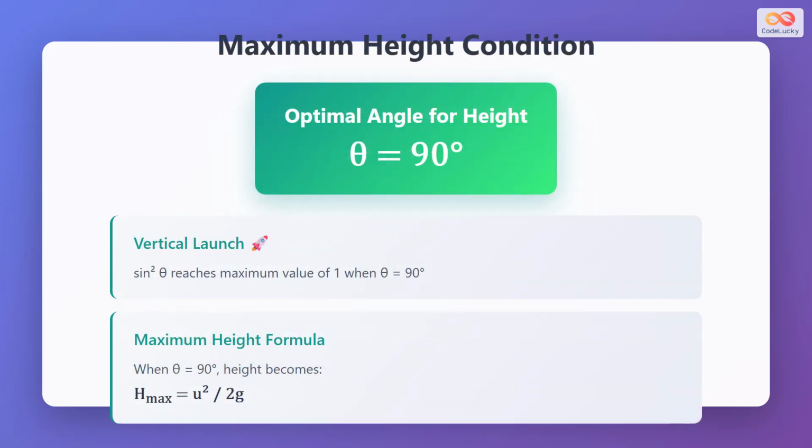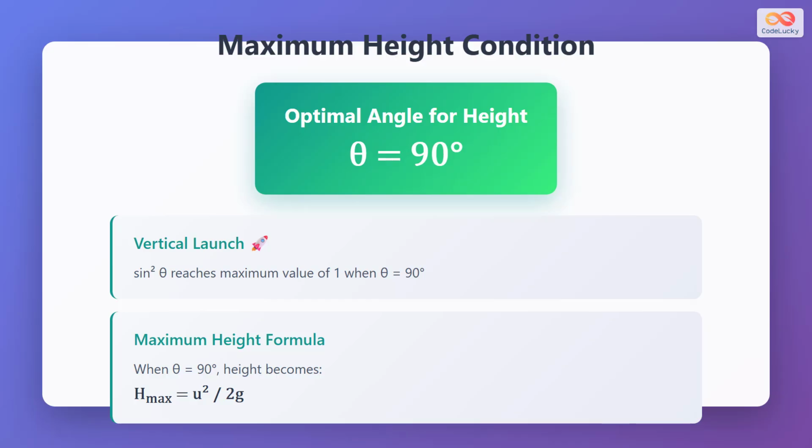What if we want to achieve the maximum possible height? To maximize height, we need to launch the projectile straight up at 90 degrees. This makes sense intuitively. All the initial energy goes into fighting gravity and gaining altitude, with no horizontal motion. Mathematically, sine squared theta reaches its maximum value of 1 when theta equals 90 degrees.